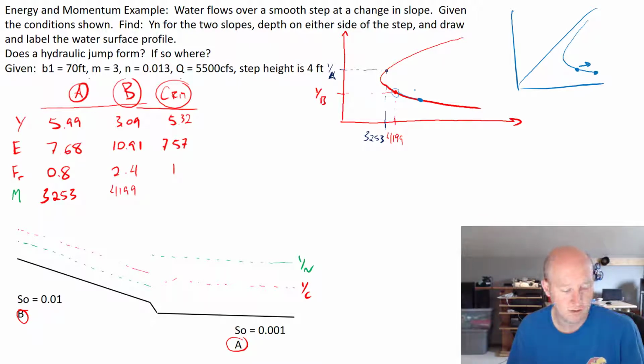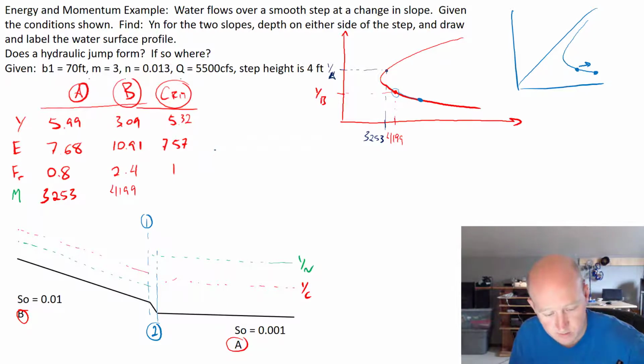So what we need to do is demarcate some points of interest. So we've got section 1 and section 2, and we want to know what's going on at section 2. So we can actually sketch this in now. The water surface profile will be uniform.